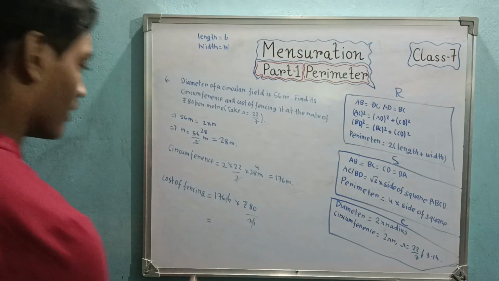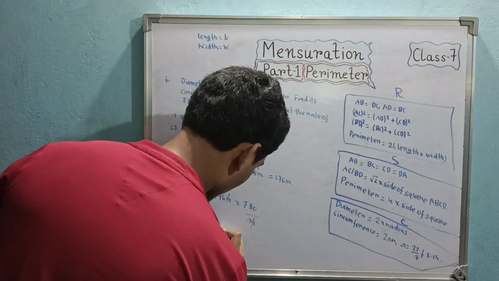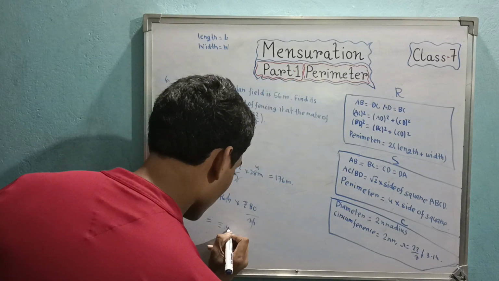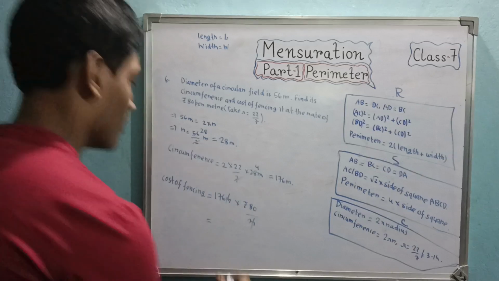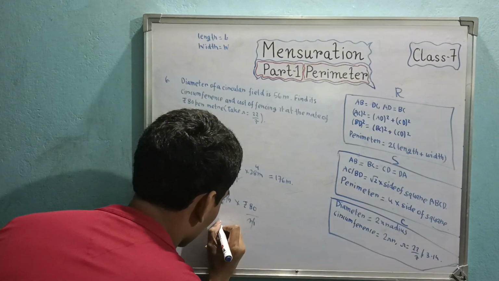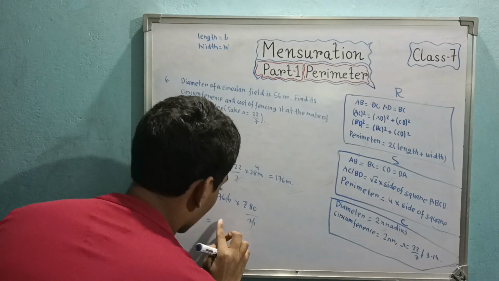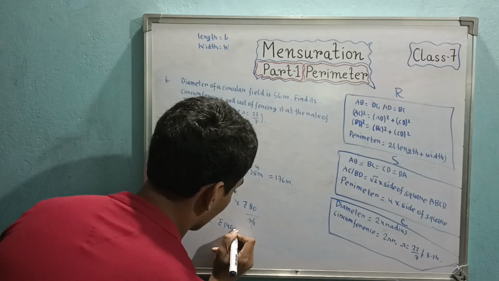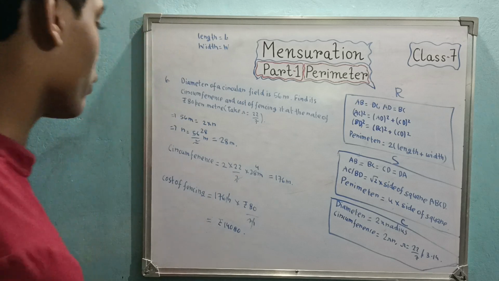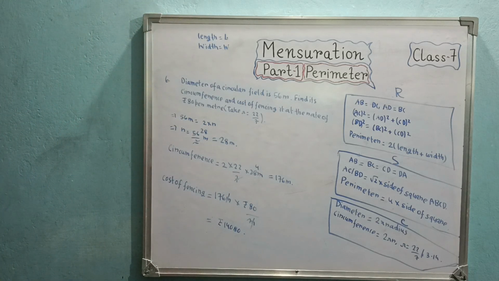Yeah, 1408 rupees, 14080. My blue pen is so lazy. Come on, blue pen. Okay, let's wait. Yes, now it's okay. 14080.